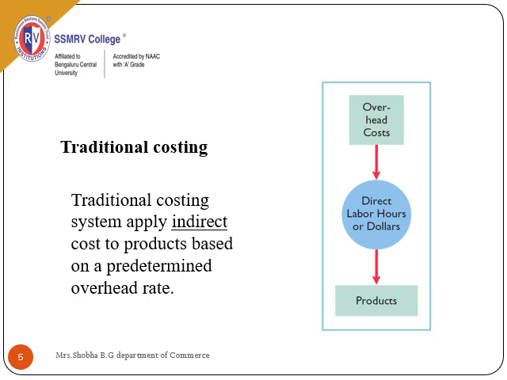As you can see in the chart, overhead costs are allocated on the basis of direct labor expenses, direct labor hours or machine hours. That is how cost ascertainment is considered in traditional costing.